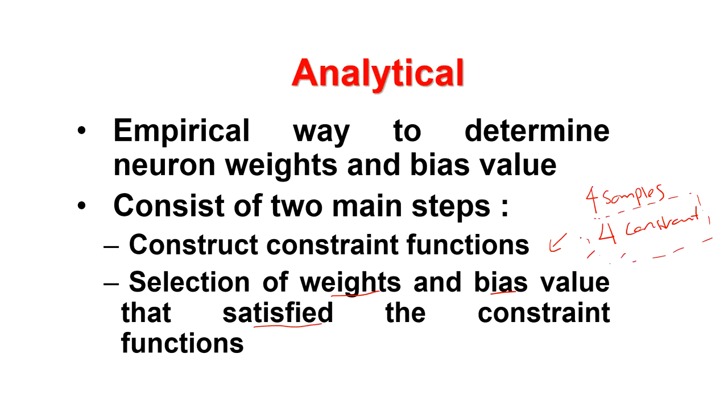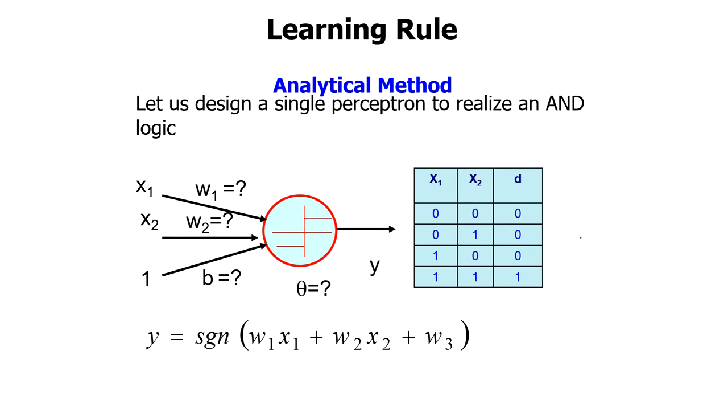I will show you the details based on this simple example. For this particular case, we have this type of sample. The sample is a two-dimension input, in which we have x1, x2, and d is the output.